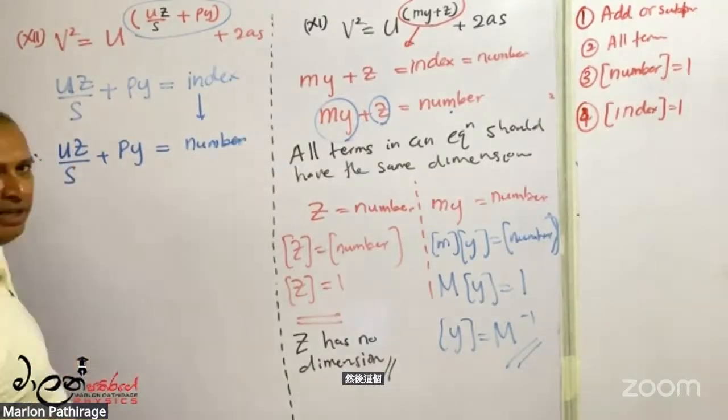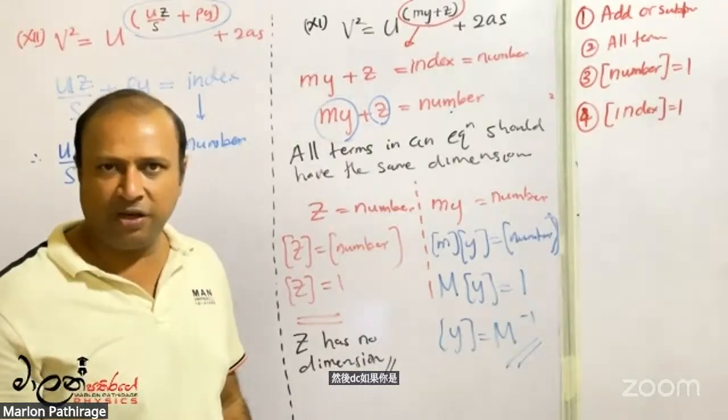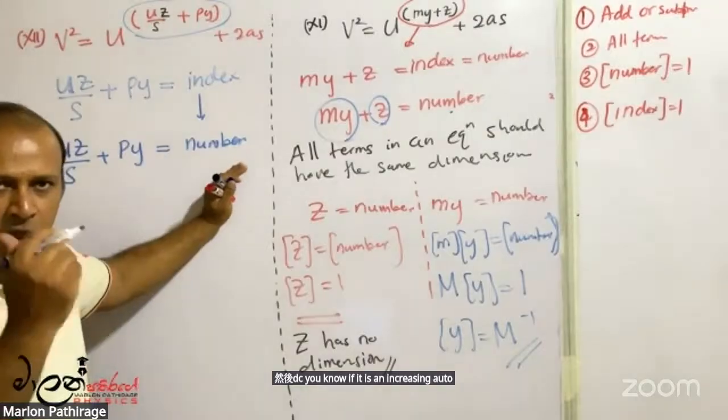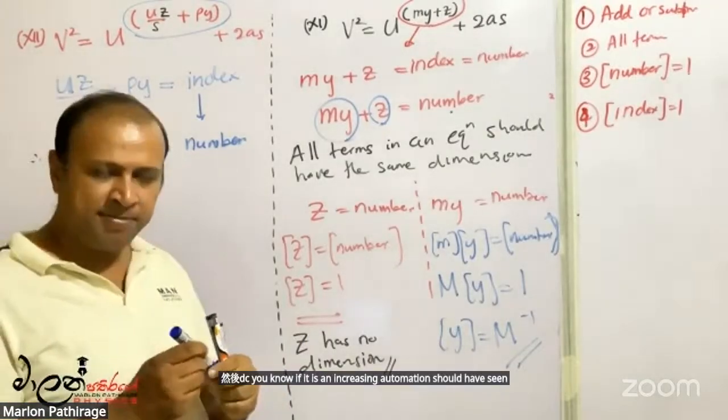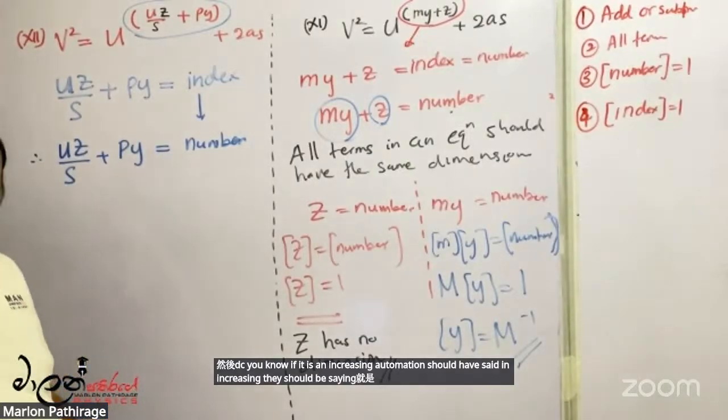Now this is an equation. You know, if it is an equation, all terms in an equation should have the same dimension. They should be the same physical quantity.